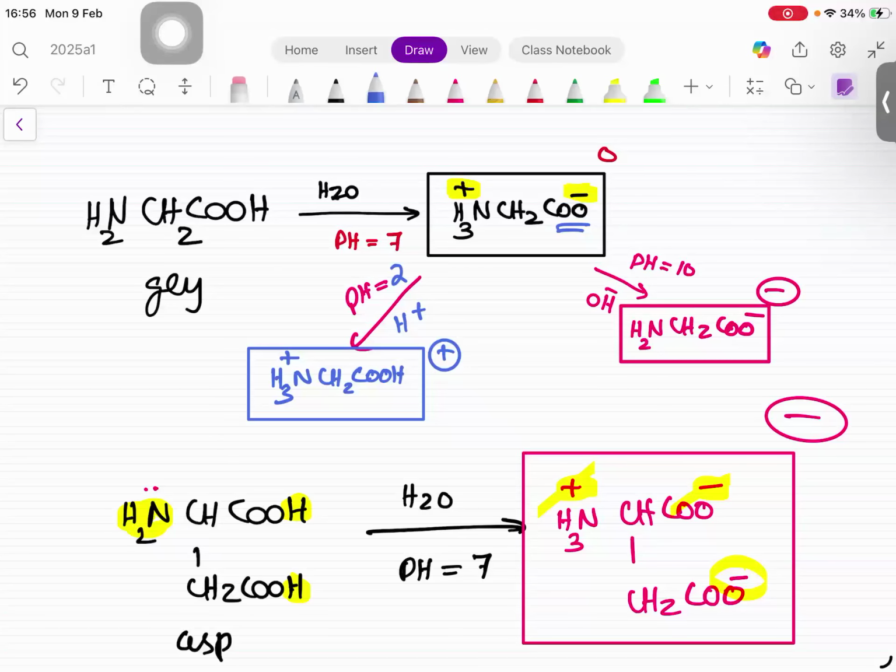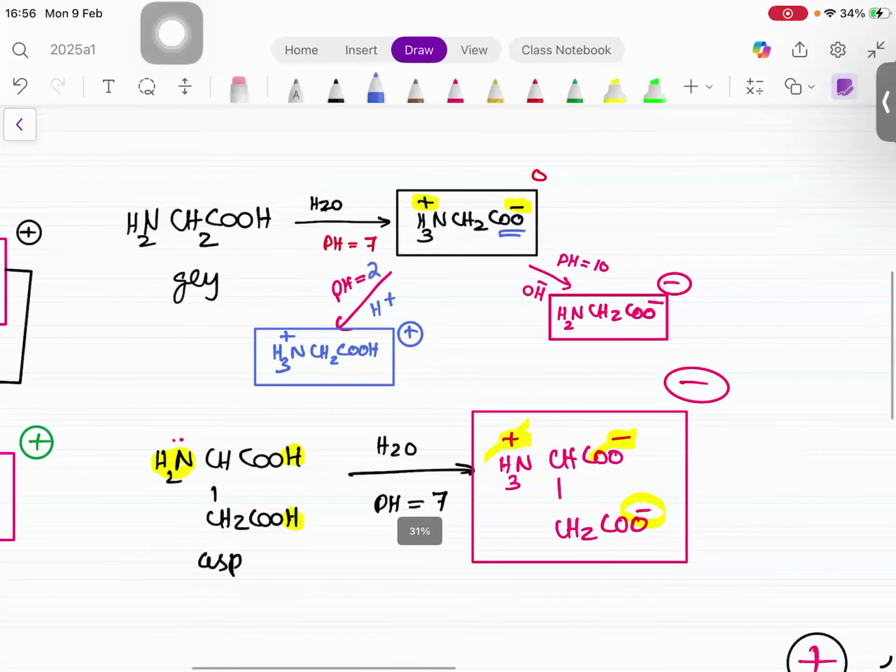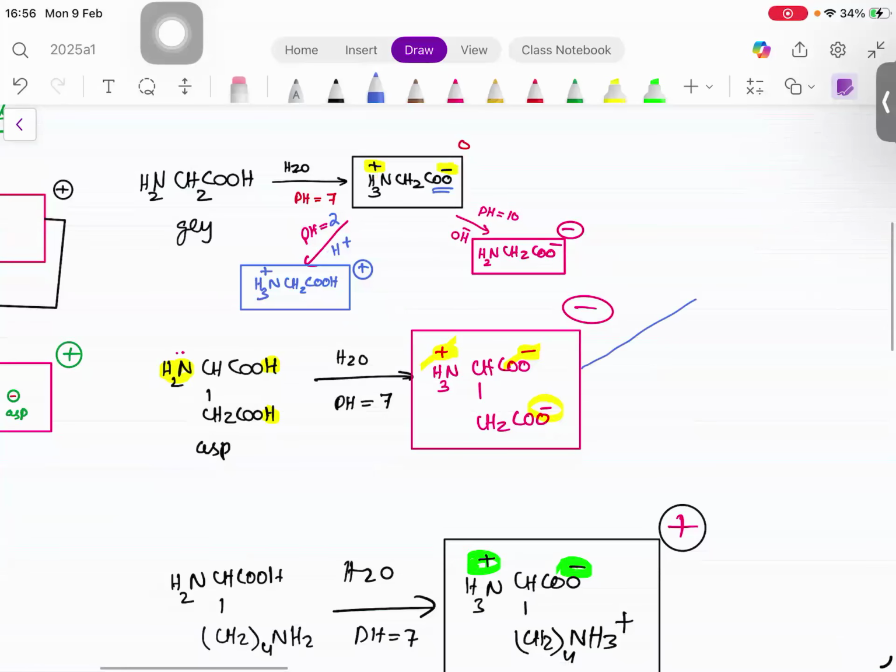Now my question to you: what will be the structure of ASP at pH 10 and at pH 2? Please give it a shot.